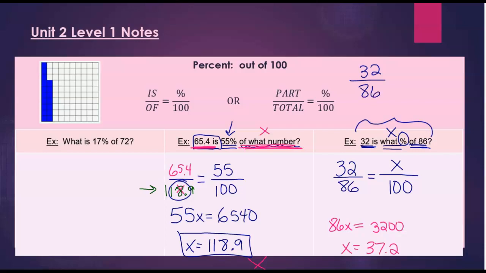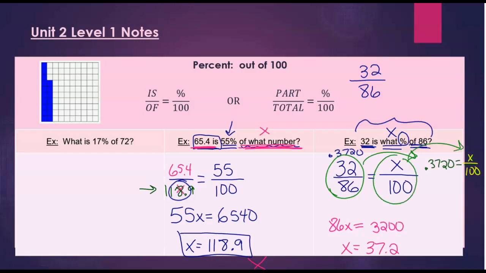And if you divide that, 32 divided by 86 is 0.3720. And then if you solve this equation for x, equals x over 100, you can't really see that, sorry, x over 100. Over here, I changed this to the decimal and I left this the same.